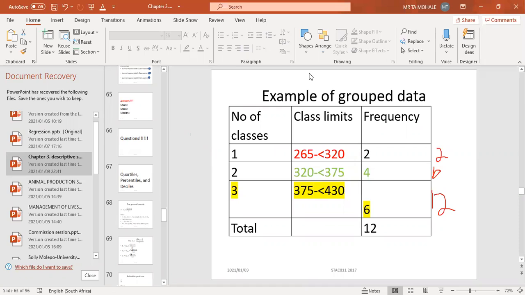I have a question, but I don't know if it's a stupid question. What happens when we have 4 classes? When you have 4 classes, it does not matter. What matters is the position of your median.